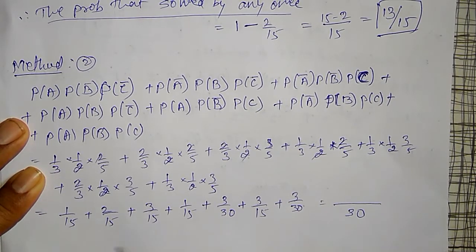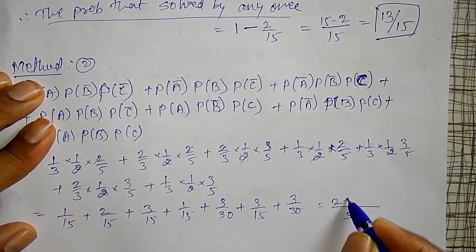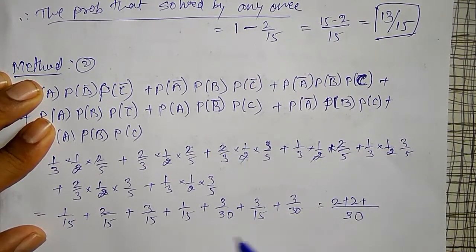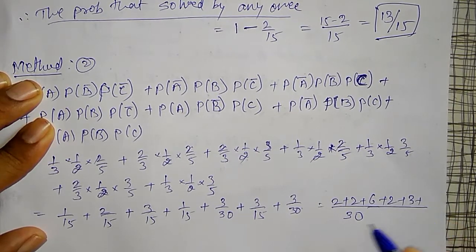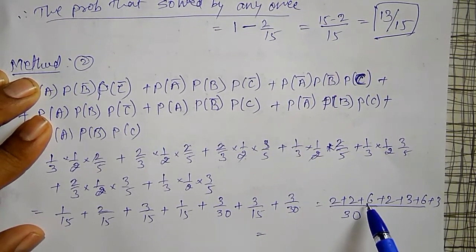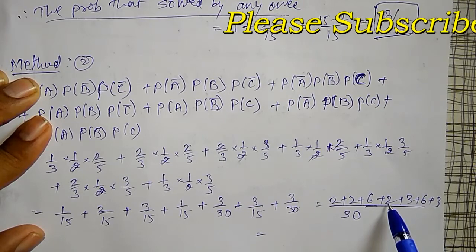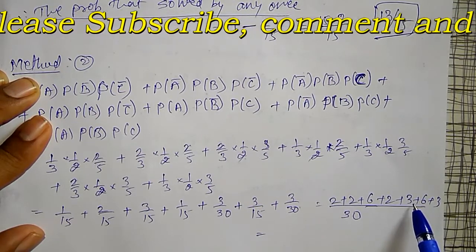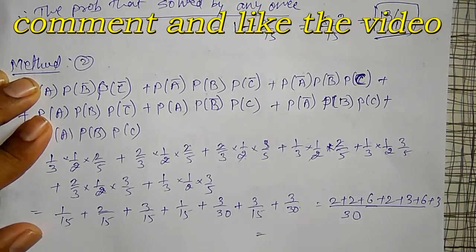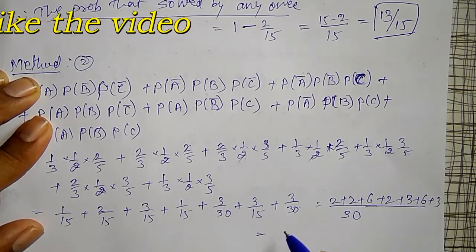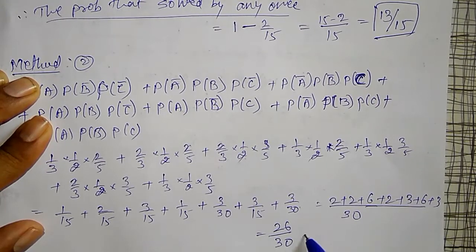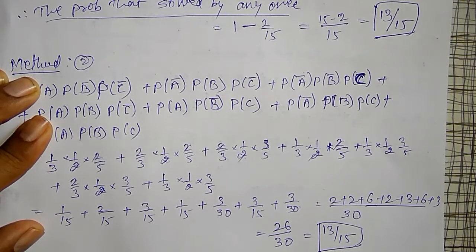Here 2 plus 2 plus 6 plus 2 plus 3 plus 6 plus 3, total equal to 10, 10 plus 2, 12, 12 plus 12, 24, sorry, 26, 26 divided by 30, which is nothing but again 13 divided by 15. Like this also I can solve the same problem here.